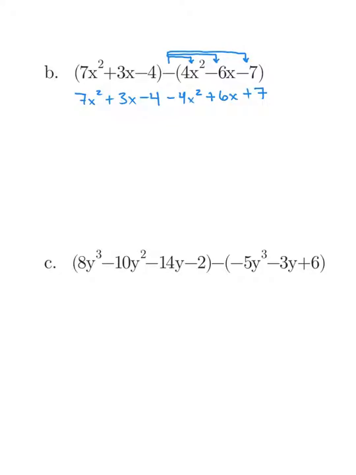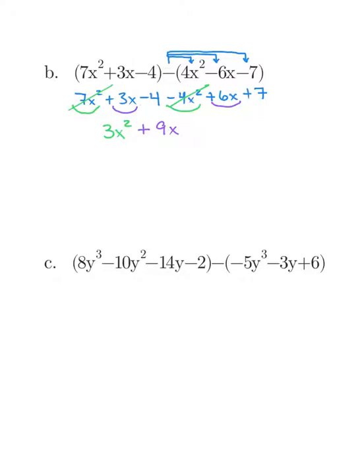Now that we have no parentheses in our problem, we can go ahead and combine our like terms. We can combine 7x squared and negative 4x squared. 7 minus 4 is 3. We keep our variable and our exponent, and so we are done with those. For my next one, I can combine 3x and 6x, giving me 3 plus 6 is 9, and we keep the x.